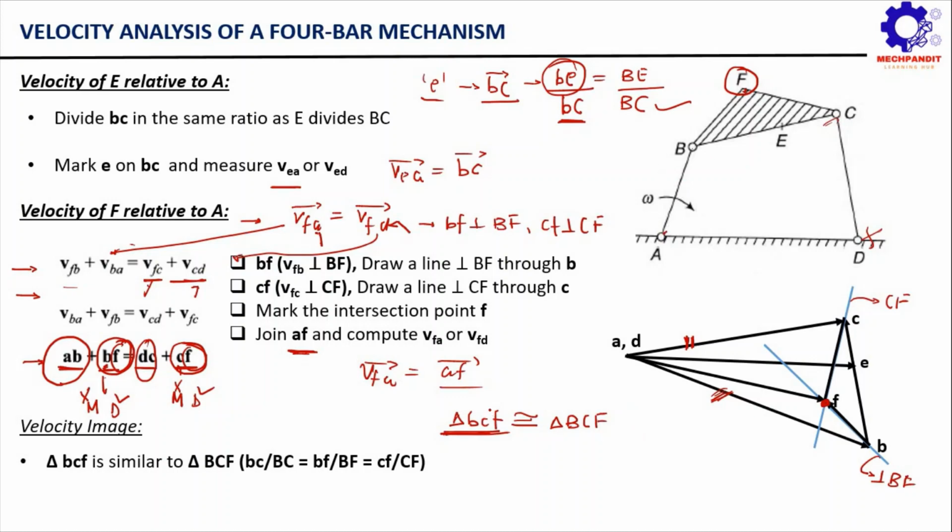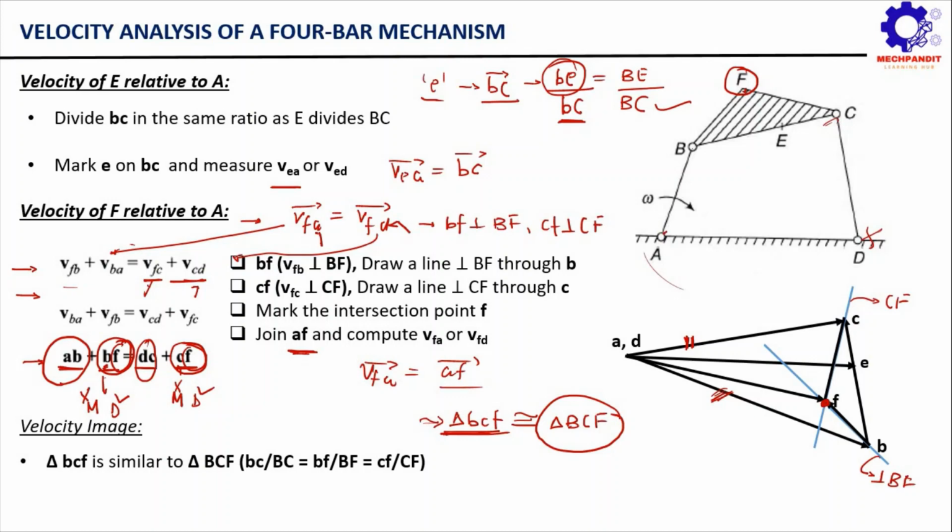This triangle bcf is referred to as the velocity image of the triangle BCF in the configuration diagram. Always remember that the smaller triangle bcf in the vector diagram is referred to as the velocity image of the capital triangle BCF in the configuration diagram, correct?